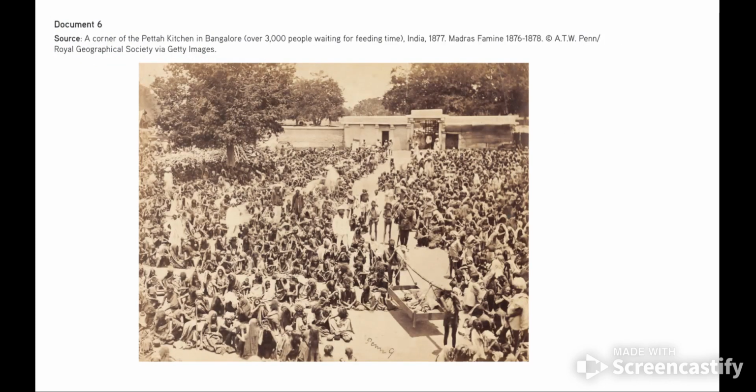In this image, you see a photograph from Bangalore. What I'd like you to do is to consider how do you see this as supporting your ideas about industrialization, bringing change to Britain and India, 1750 to 1900.